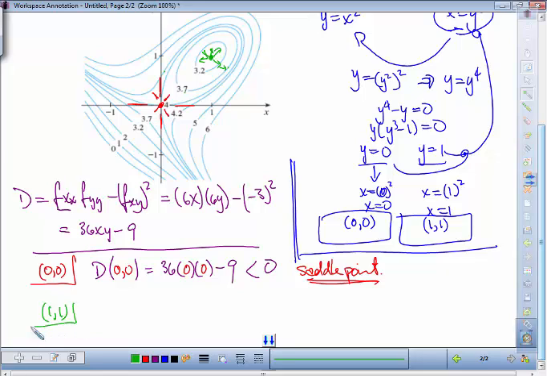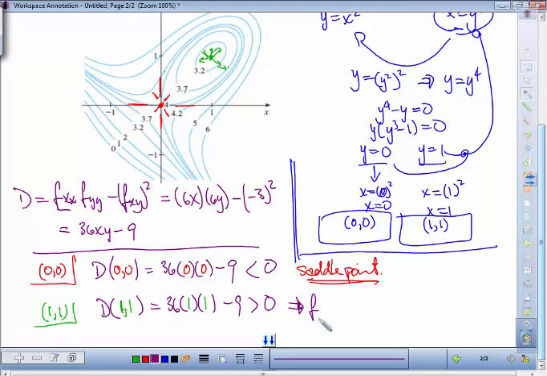Our other point is 1, 1. So we'll find 36 times 1 times 1 minus 9. So 36 minus 9 is, I don't know. I don't care. It's bigger than 0. That's all I care about, right? So if it's bigger than 0, I have to check one more thing.